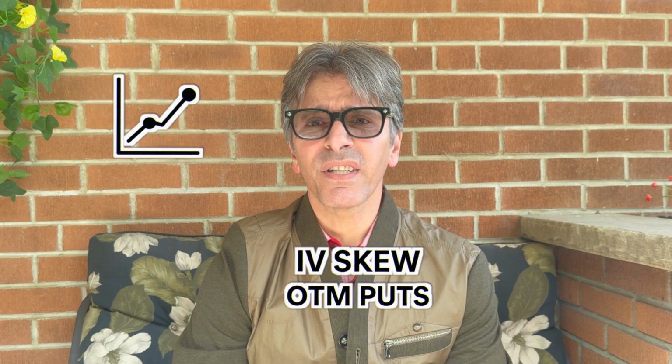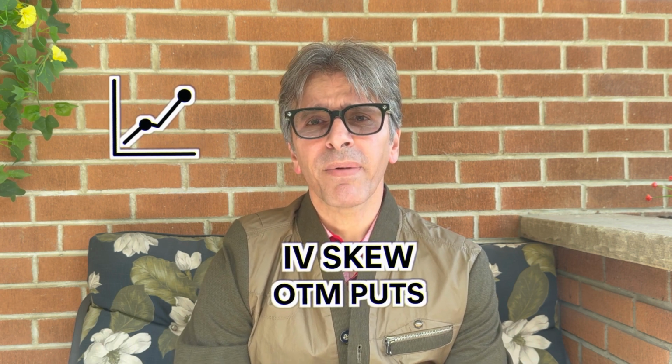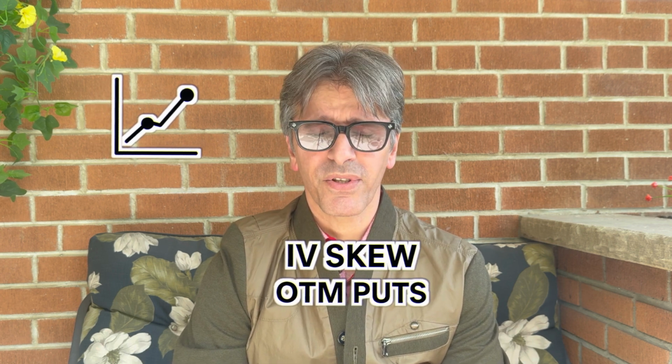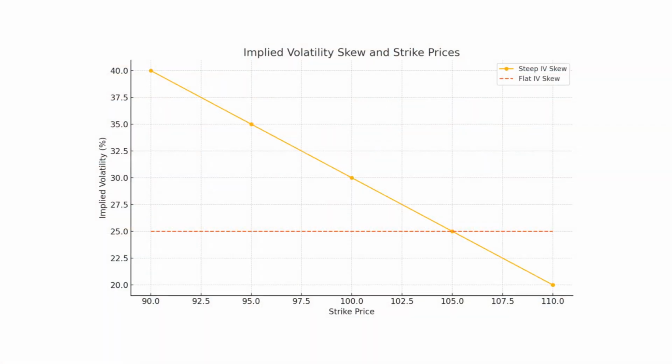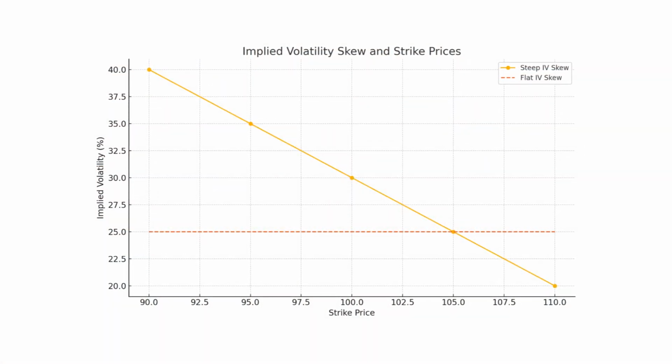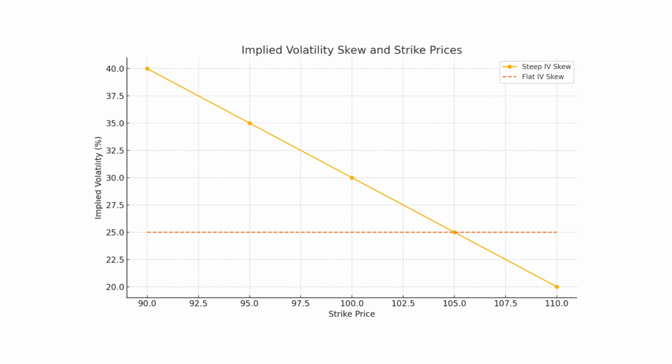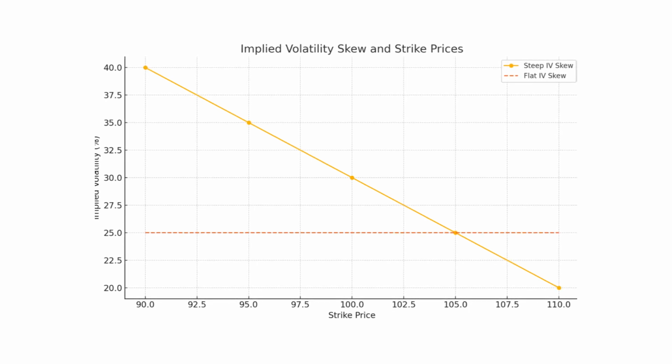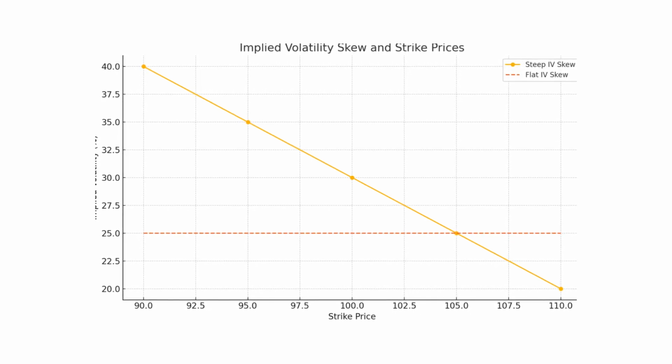Now you might ask, how does the skew impact your trades? Well, if you are buying options without knowing the skew, you might overpay, especially for out-of-the-money puts. Let's say you want to buy a protective put far below the stock's current price. If the IV skew is steep, that put might be much pricier than expected.